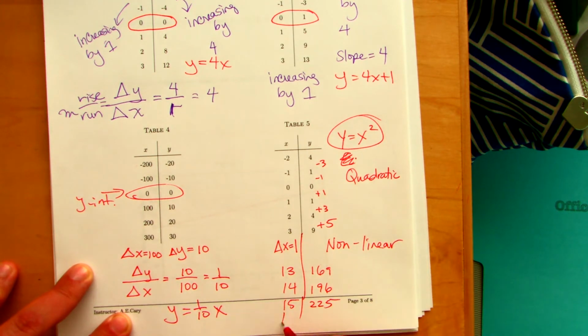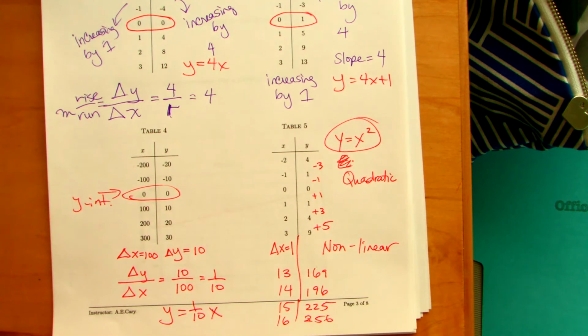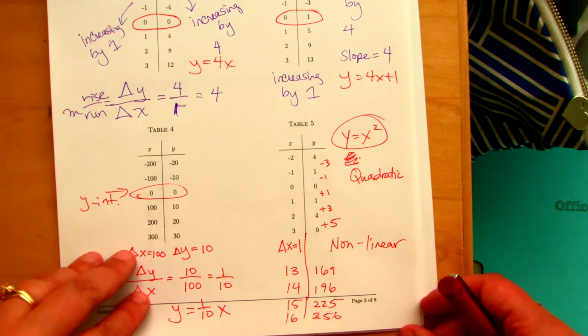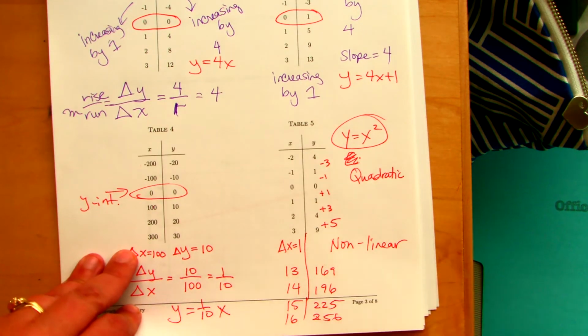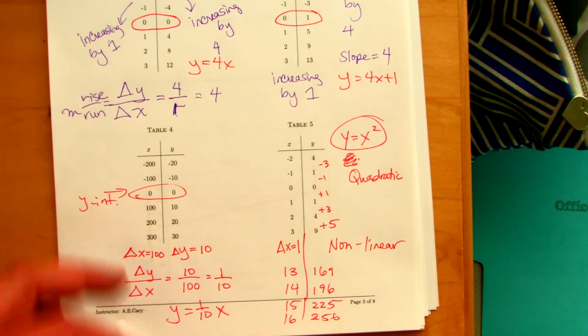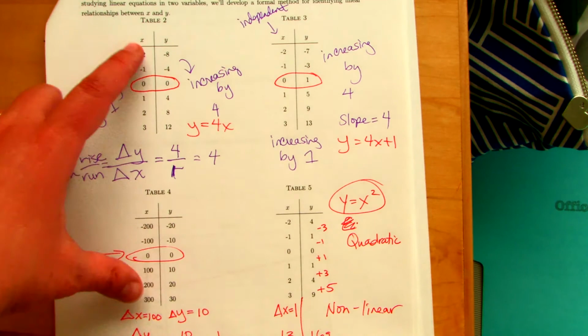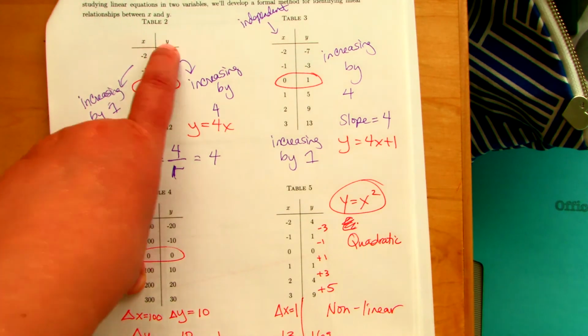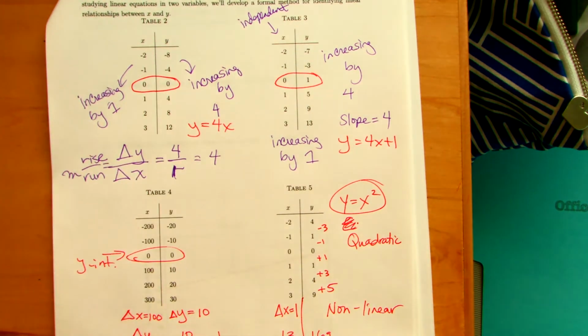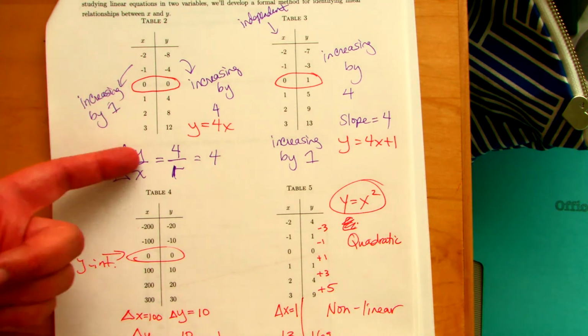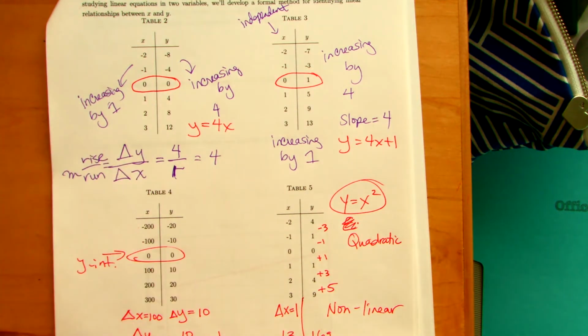I just like to show off. 16 squared, 256. You've probably seen 256 a lot of places before because that gets back to the powers of 2. Anyway. All right. Any other questions about this? Are you kind of getting this idea? If the change in x is consistent with a similar change in y, meaning we could skip numbers, we don't necessarily have to go in order, but I have to have a consistent rate of change.